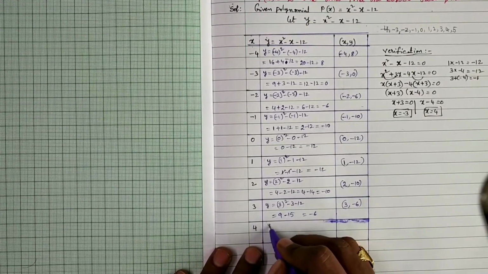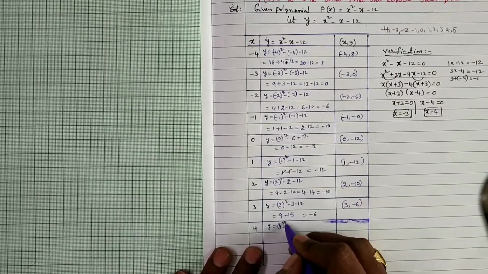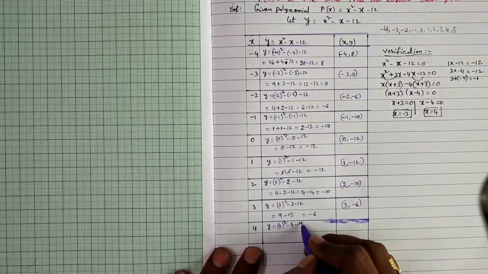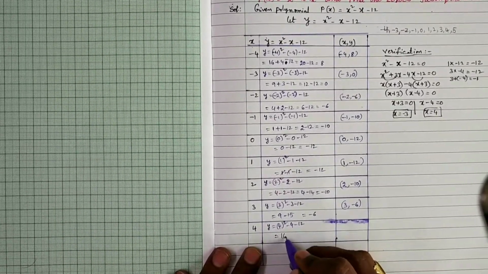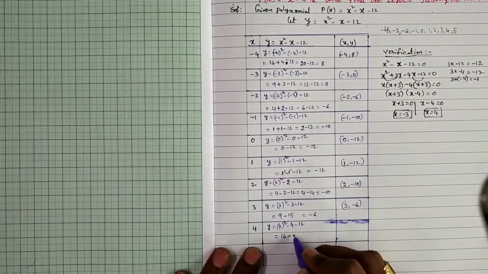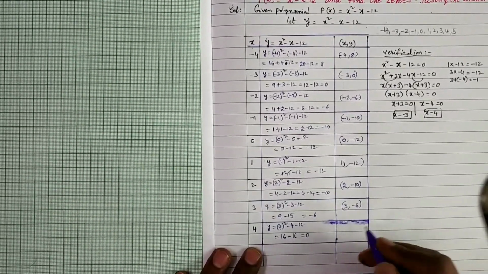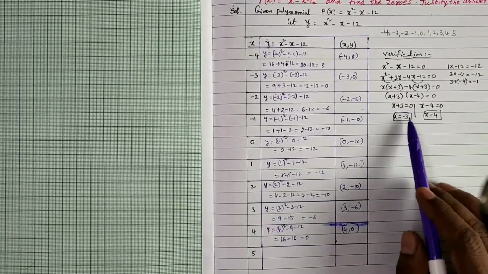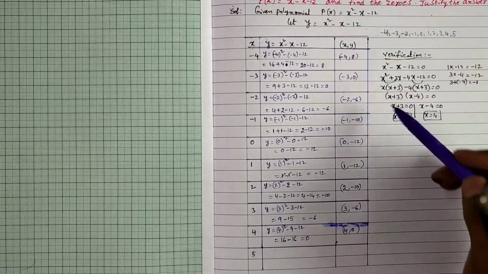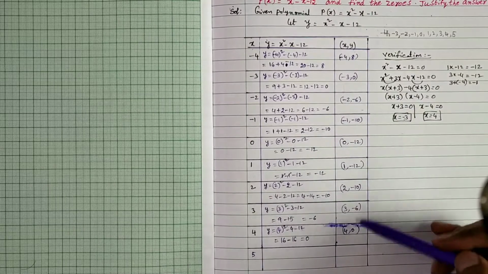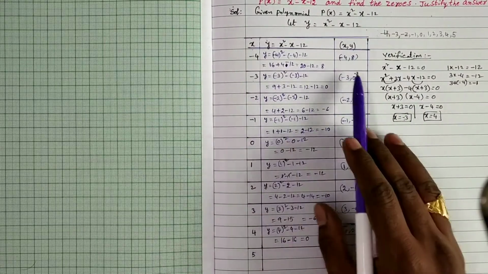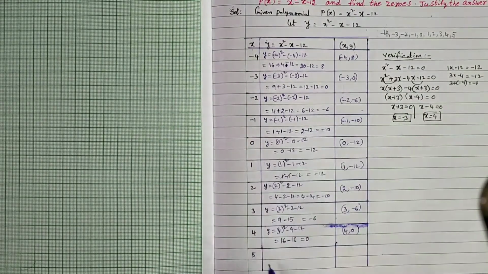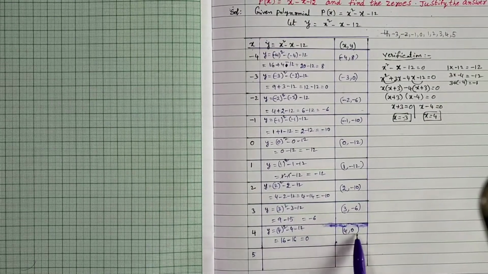Substitute 4. Y is equals to 4 square minus 4 minus 12. 16 minus 4 minus 12, minus 16. So the resulting value is 0. So for 4, 0. For any zeros of the polynomial, the y value should be 0. That's why we got for minus 3 the y value is 0, and for 4 we got 0.